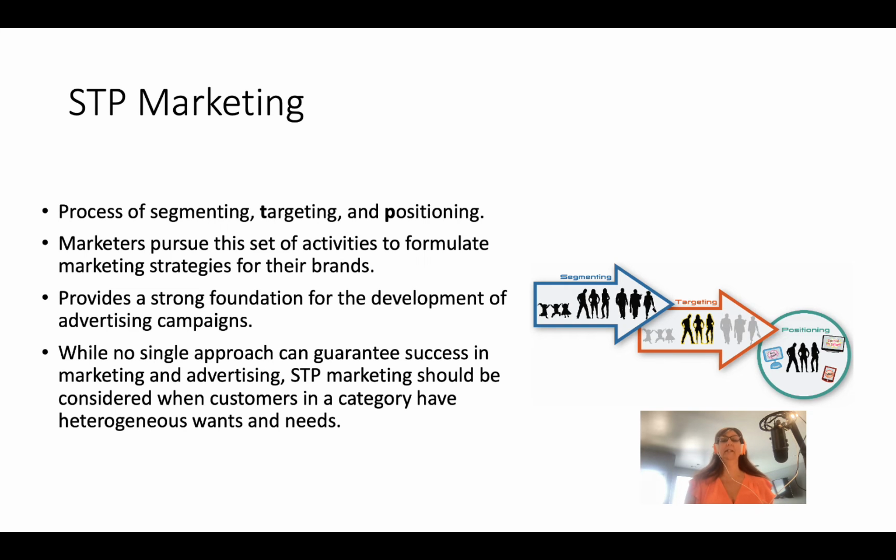So if you take a step back, let's discuss again what the definition of segmentation, targeting, and positioning is, or STP marketing, as some of us in the biz call it. Really, STP marketing is the strategic process of segmenting your audience, or dividing people into groups of people who have something in common.